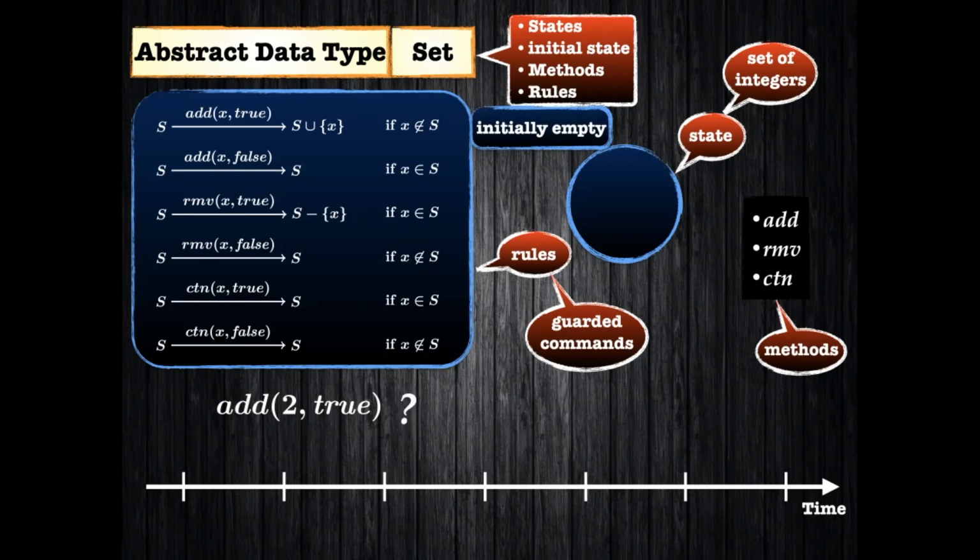So I start from the empty set because this is my initial state according to the definition of my abstract data type, which I mentioned in the previous slides. Can I perform the operation add 2 true? And this is related to the question of Hassan, which is quite well motivated.